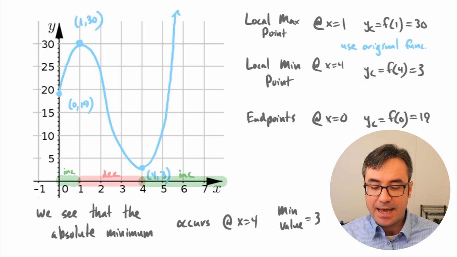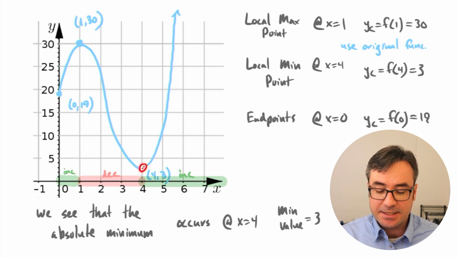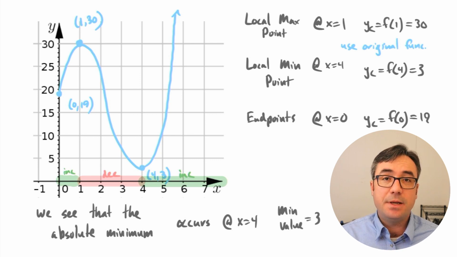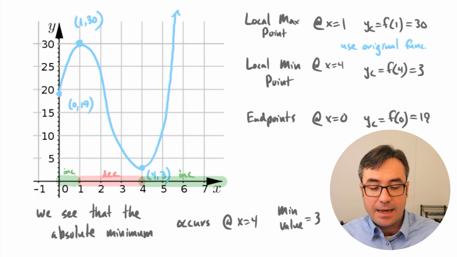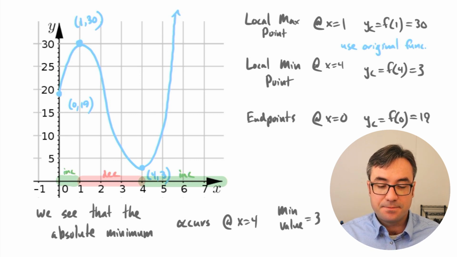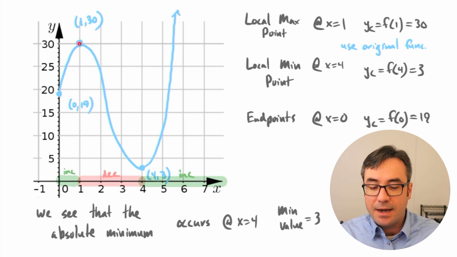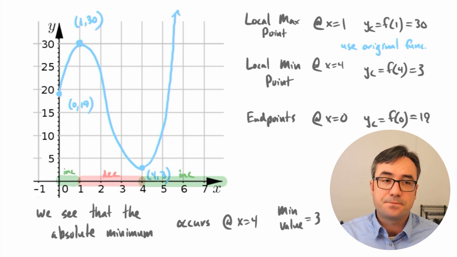And we can see that by drawing this in and knowing our intervals of increase-decrease. X equals 4 is definitely going to be the absolute minimum. And anything beyond this section of the curve here is eventually going to be higher than this other point. So the function just keeps getting bigger and bigger. So there is no absolute max on this one.